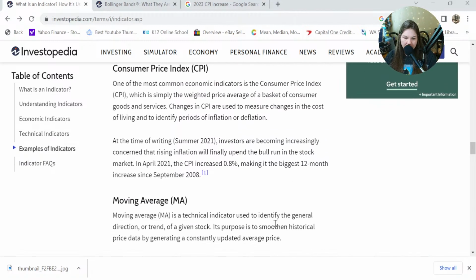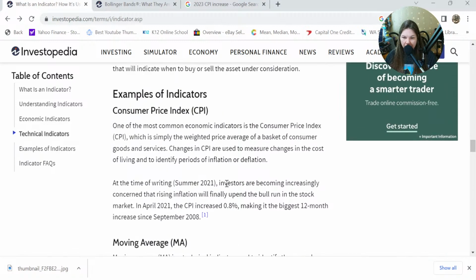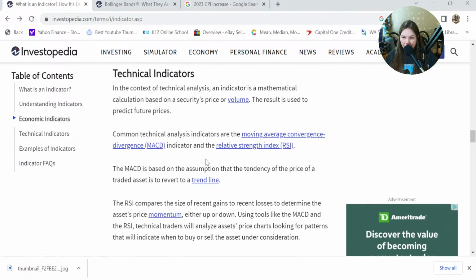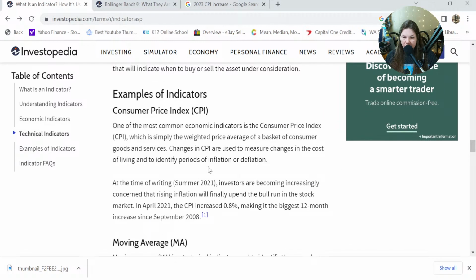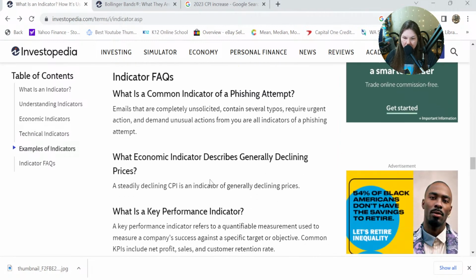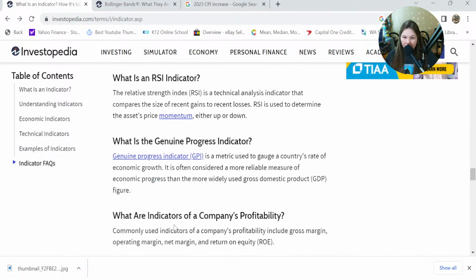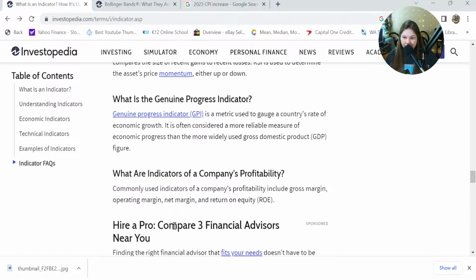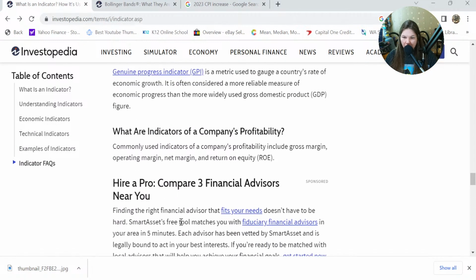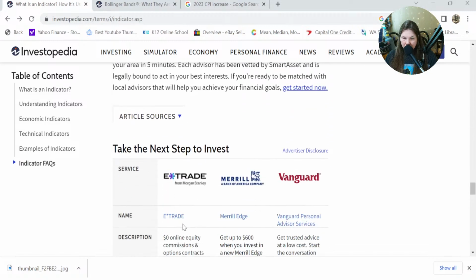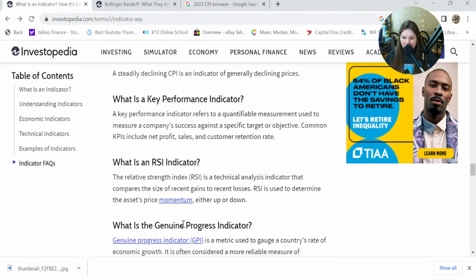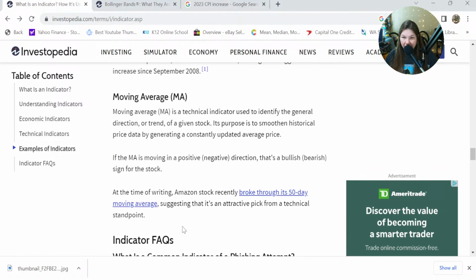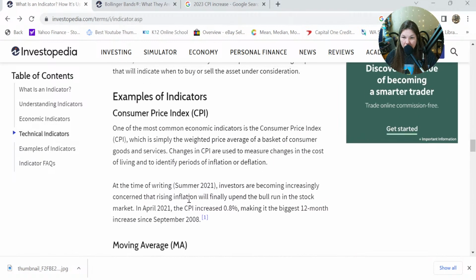Excuse me. Okay. Where did it go? I lost my spot. Way down here? Where? I saw Bollinger Bands. Where did we see them?